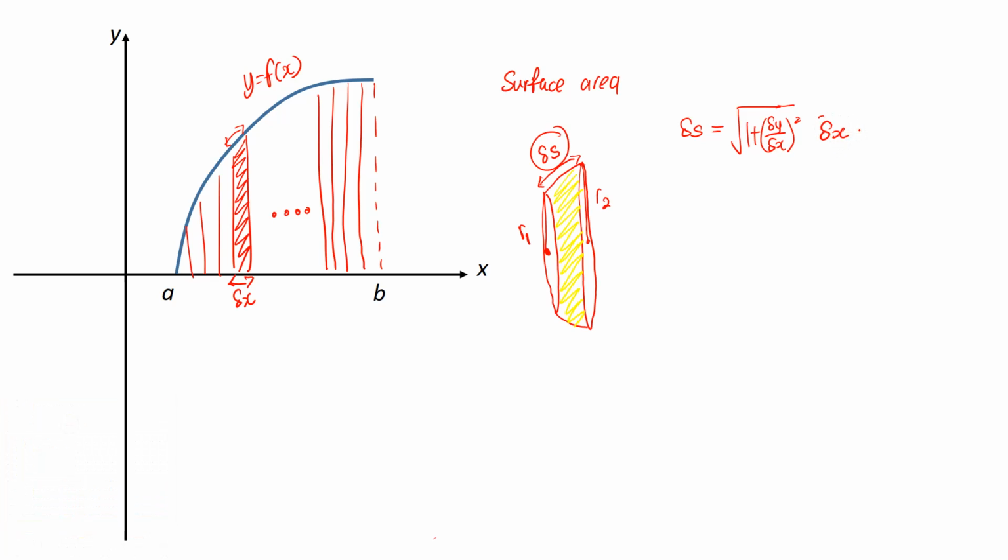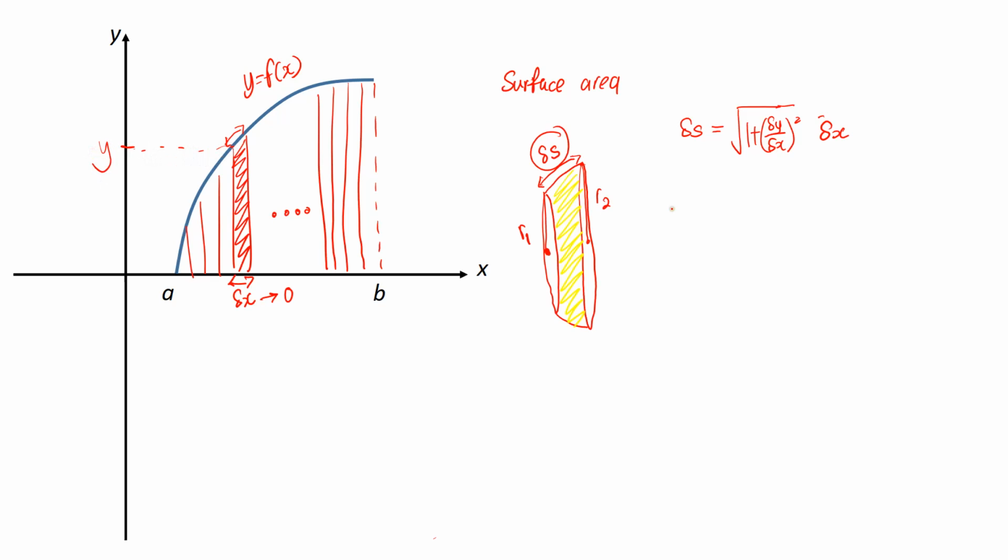If my small change in x is very, very small, meaning this strip is so thin that small change in x is almost zero, then R1 and R2 are almost equal. To the extent that it is so small, we can just assume R1 and R2 to be equal, and if you look at the diagram, it corresponds to a y value.